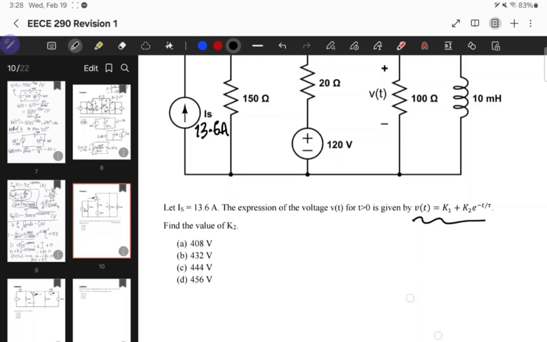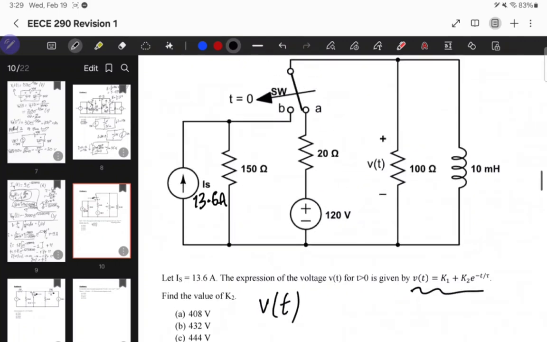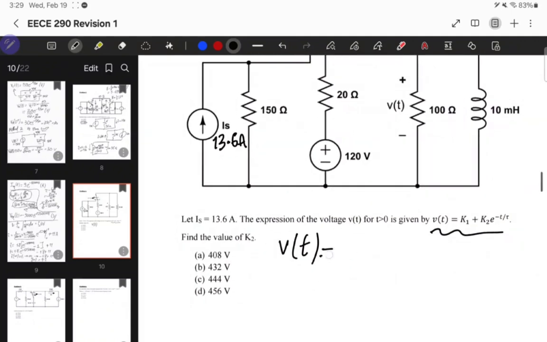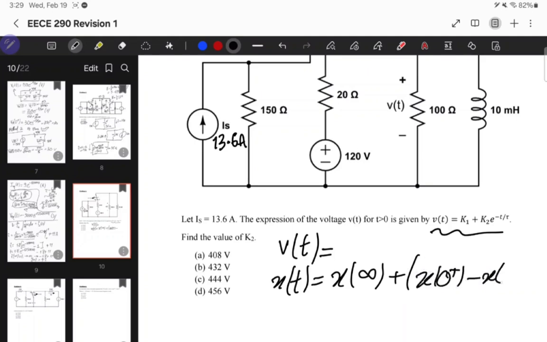Now in the back of our minds, we know that if we have a first order response circuit, we don't have a capacitor, we only have an inductor. So this is chapter 7. We know that the expression of the voltage or the current, any quantity basically, is, let's do this in general, X of t equals x at infinity plus x at 0 plus minus x at infinity, exponential minus t over tau.